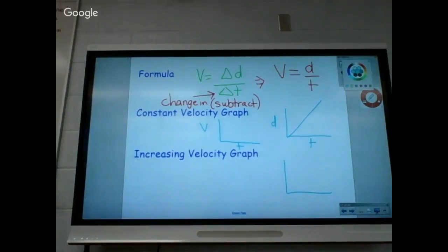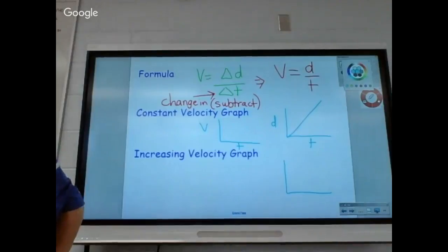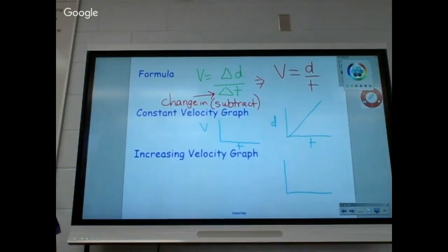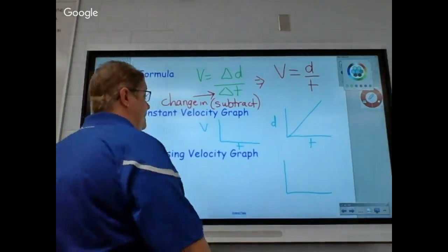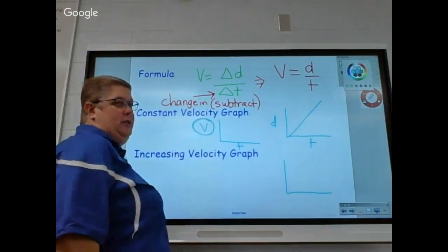How do we draw it if I put velocity on the y-axis? How would the graph look different if I put velocity on the y-axis? If I put velocity right here, how does the graph change?